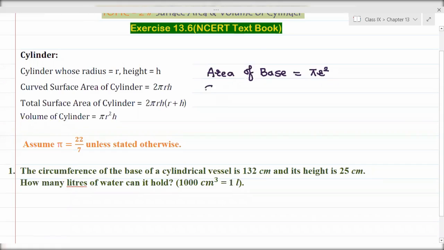Similarly, if they give us the circumference of the base, circumference means the length of the boundary. Since the base is in the shape of a circle, we are talking about the circumference of a circle, that will be equal to 2 pi r. So these two formulas are not written over there, sorry, so these two formulas need to be added.